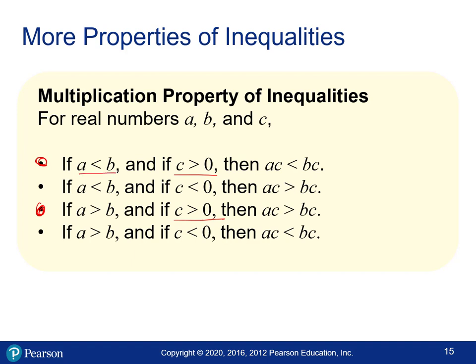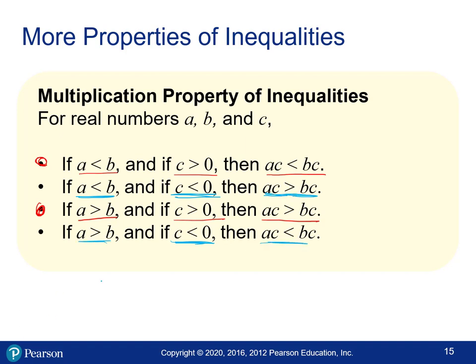A was less than B, and so A times C is still less than B times C. Same thing over here. A is greater than B, and then A times C is still greater than B times C. But when C is negative, which is this case here as well as this one, then A less than B, when you multiply, you have to flip the symbol. So A greater than B, A times C is now less than B times C, and the same thing on this one.